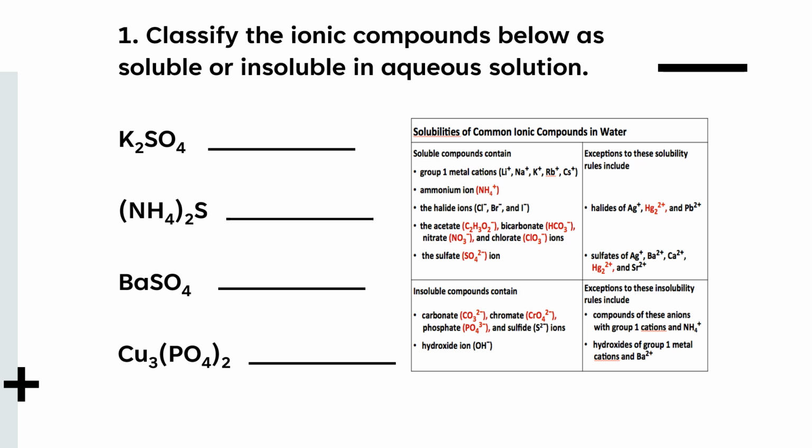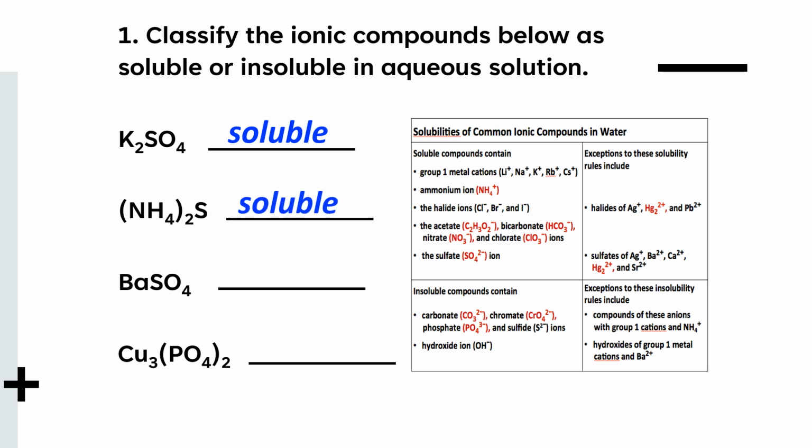Since it's not, we can conclude that this particular compound is soluble. We continue down the line and do the same for the rest. Now we look at ammonium, and ammonium is soluble, and sulfate is not part of the exception. Therefore, this particular compound is also soluble.